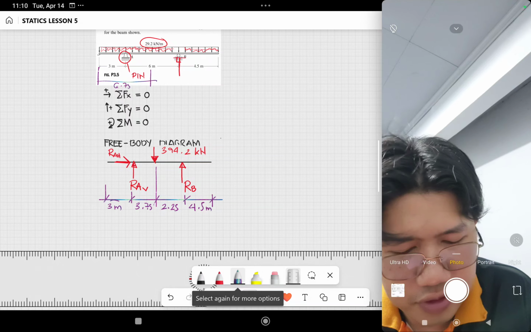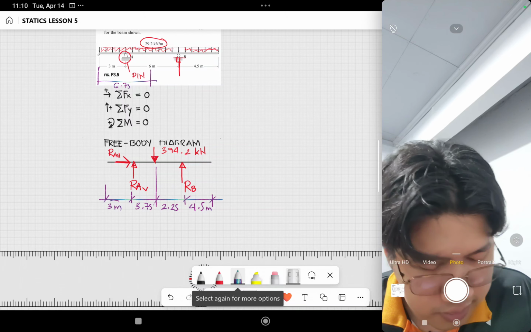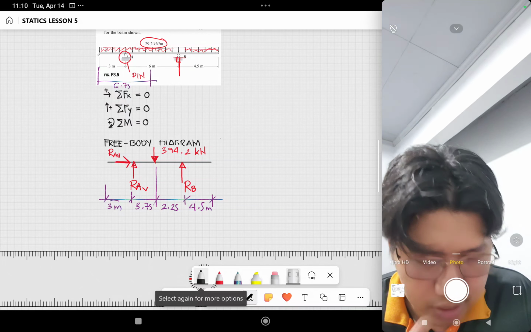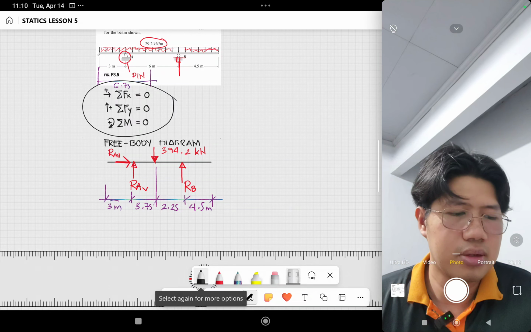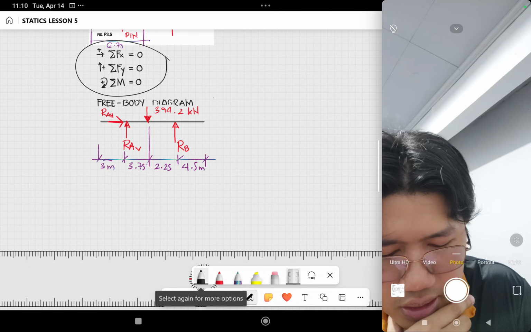So, yan ang ating free body diagram. So, para ma-solve mga reaction forces, we have drawn the free body diagram and then we apply the equations of equilibrium. Okay? So, unahin na natin summation Fx.